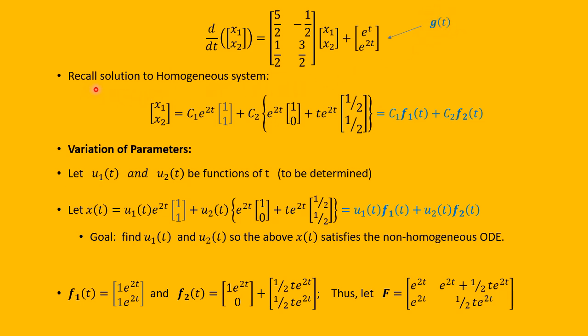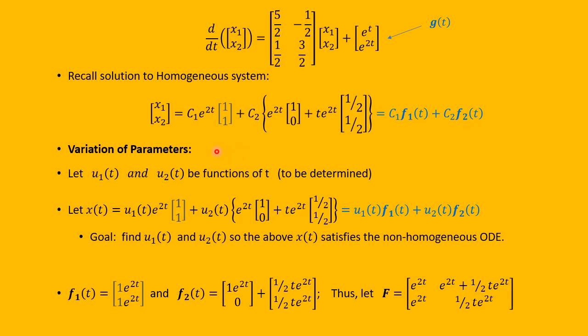So we've already found the solution to the homogeneous system of equations, just the derivative of x equals A times x without this extra term, and that solution was this stuff right here, which we thought of as being c1 times f1 of t plus c2 times f sub 2 of t.